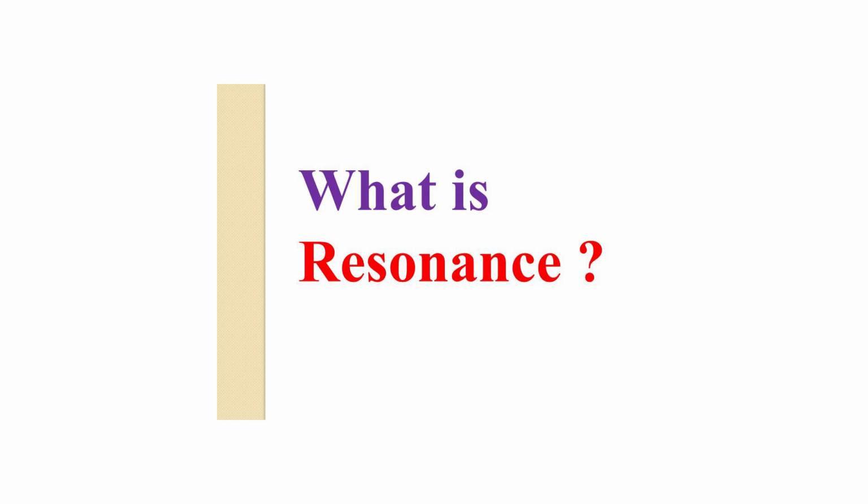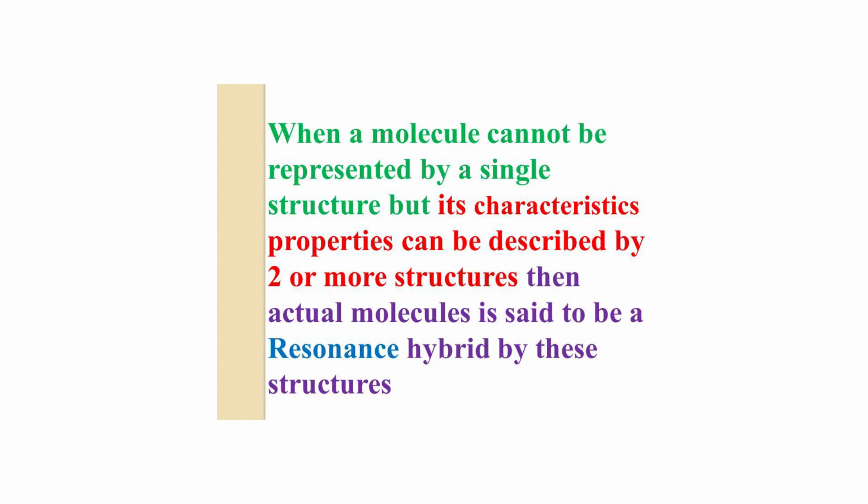What is resonance? Can you define the term resonance? When a molecule cannot be represented by a single structure, but its characteristic properties can be described by 2 or more structures, then the actual molecule is said to have the resonance hybrid of the following structures.